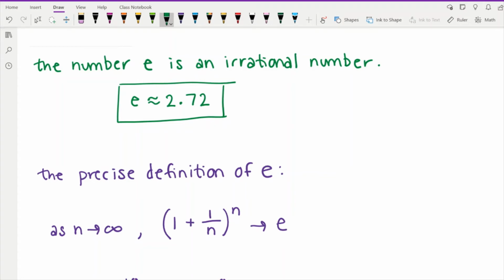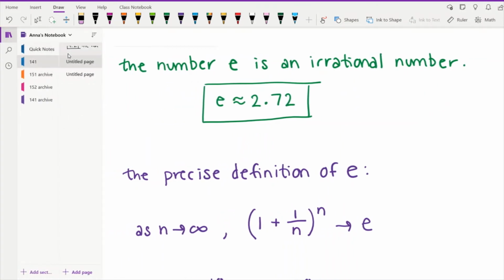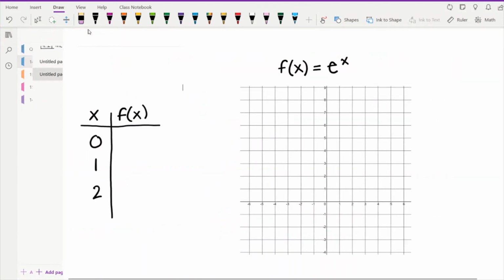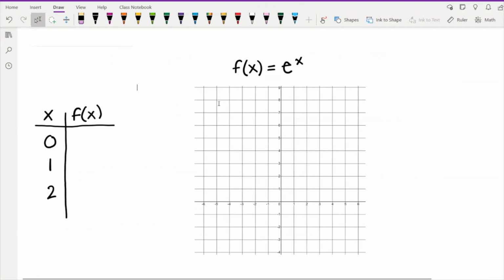e to the x looks like. So now I want to talk about what the graph of f of x equals e to the x looks like. Even without plotting points, and eventually we're going to plot points, I first want to think about whether we can get a general idea of what the shape of this graph is going to look like. Remember that we already know exponential functions only have two shapes.